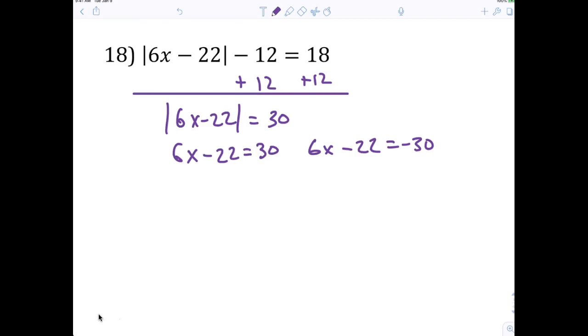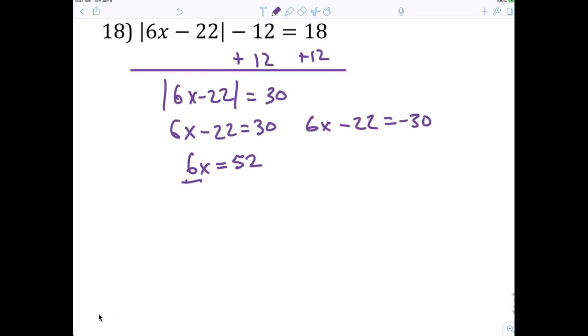Now what? You add 22, so 6x equals 52, and now what? You divide. Good.